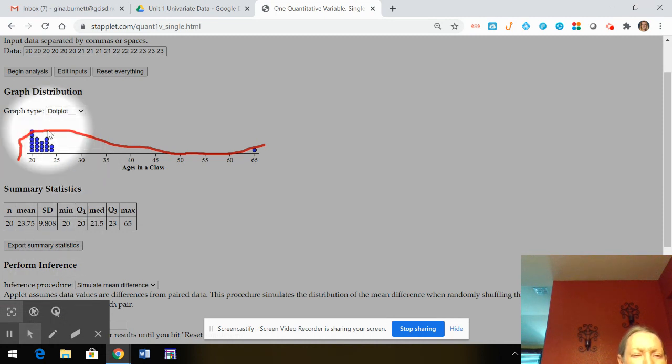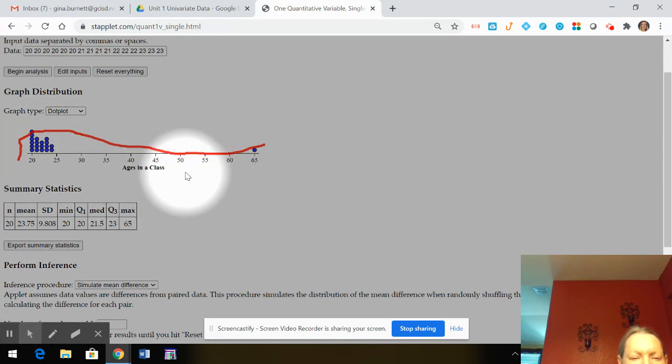So because of that, I've got a right skew, and based on the behavior of the measures, what happens is this really large number pulls that mean higher than it should be. This is a really high average considering that most everybody is younger than this. So we have a better measure of center at 21.5.